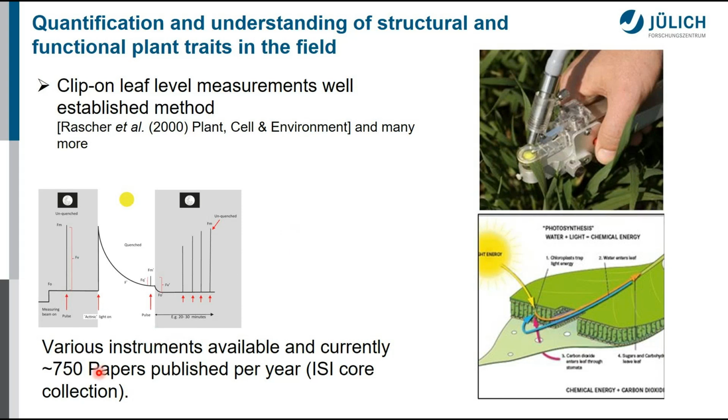In a literature search a few years ago, I found approximately 750 papers published in the scientific literature which use this method to get an idea of the status of photosynthesis.